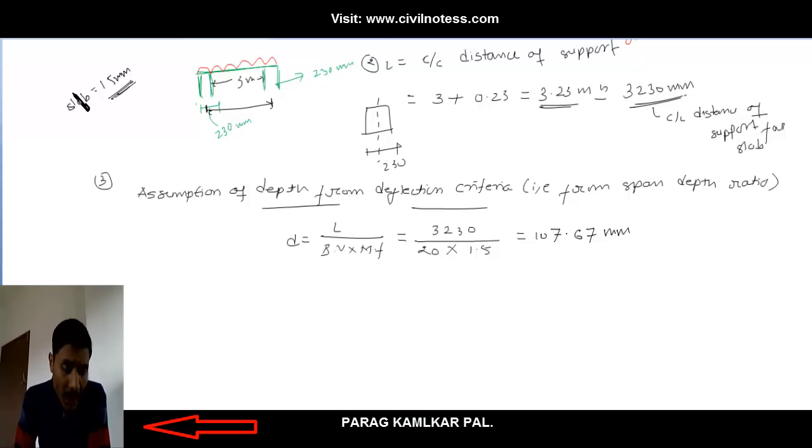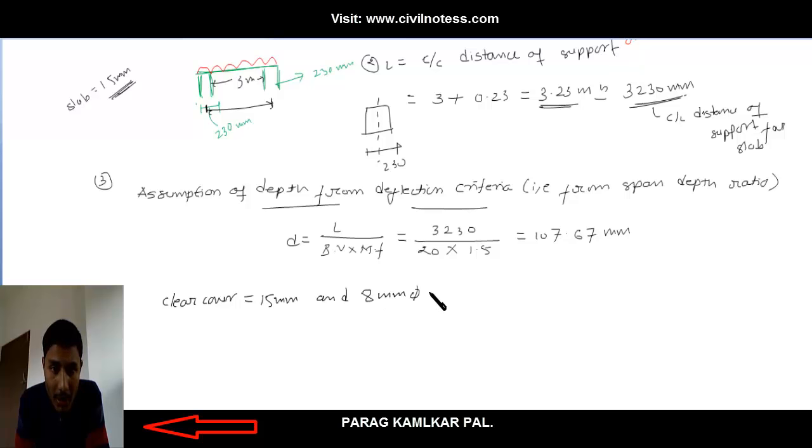After assuming the clear cover, I just write it out. Sorry, I am making this video very lengthy, but it is a requirement, because if you watch only one video you can clear all the concepts. So I assume a 15 mm clear cover and an 8 mm diameter bar.